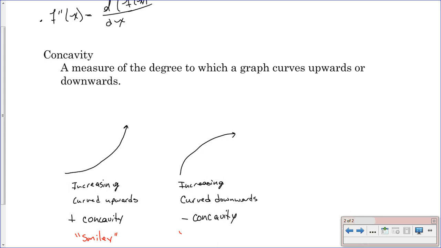Easy way to think about this is it's a frowny face. And then if you just have a straight line, even though this is increasing, it has no curve, so it has zero concavity.